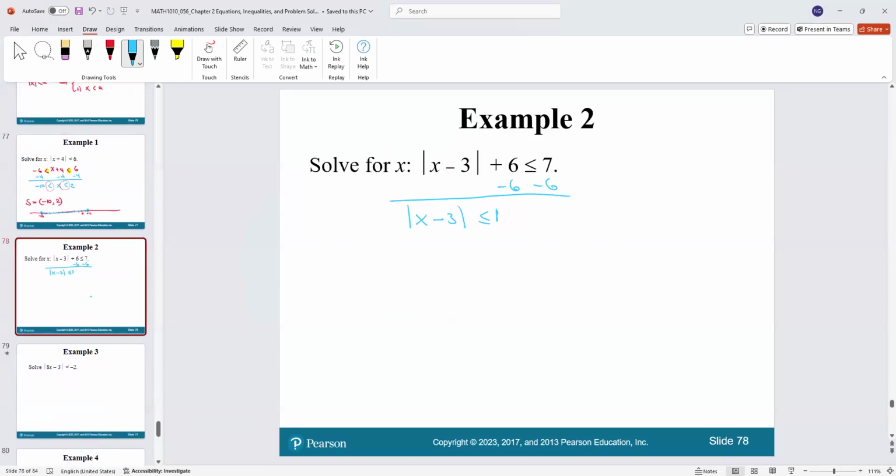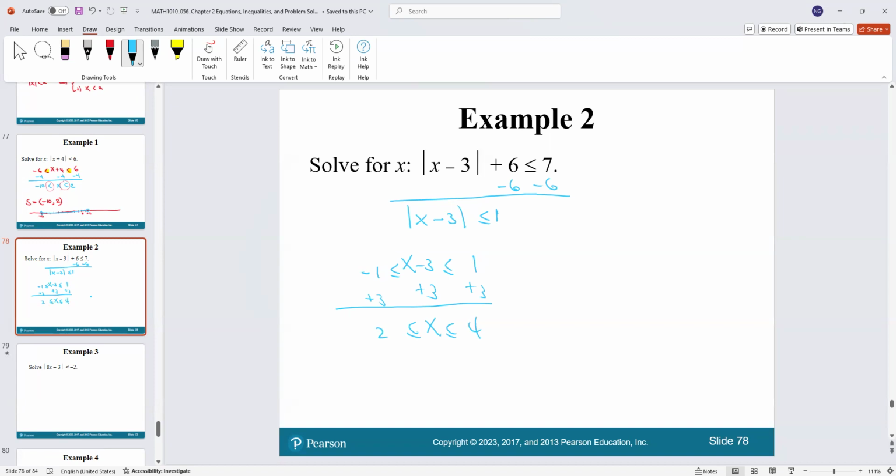Now we know x minus 3 would be between negative 1 and 1. If we add 3 everywhere, we end up with x in the middle between 2 and 4. That's the solution for this example, 2 and 4.